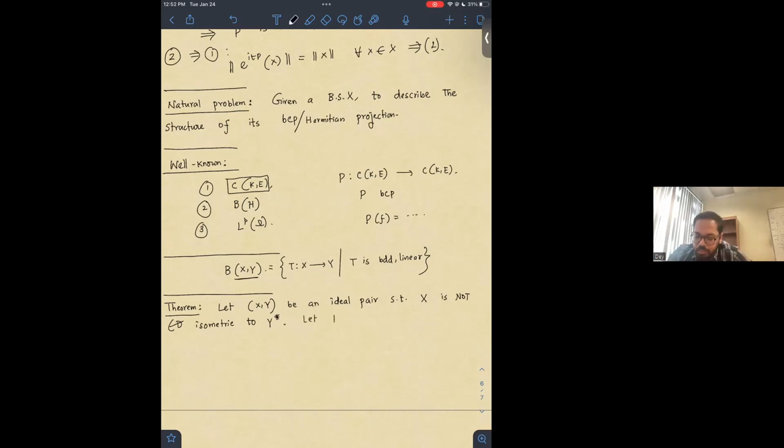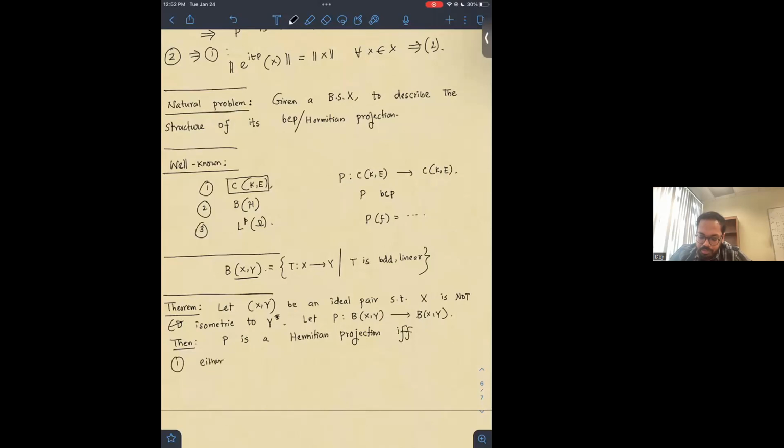Let's say we have a bicircular projection P on B(X, Y). Then P is a Hermitian projection if and only if there are two possibilities.